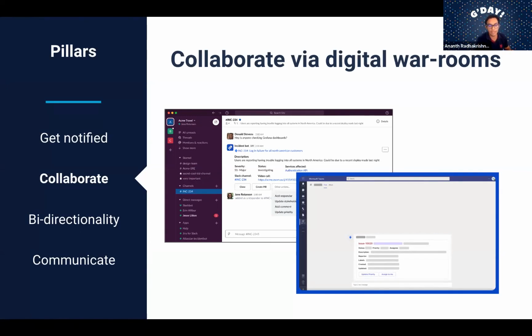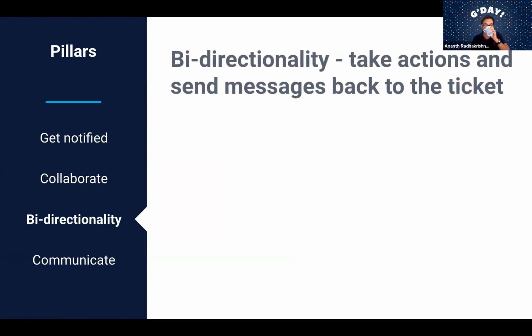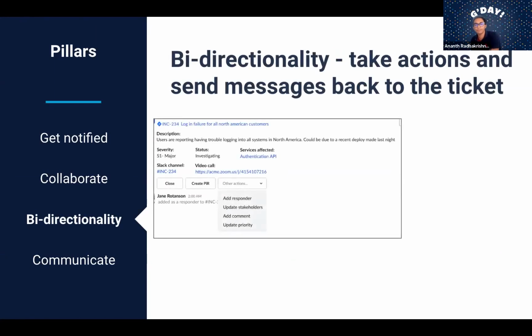Now, in terms of bidirectionality, both within the incident as well as on alerts, we have rich capabilities that allow you to take actions that you would do on the Jira Service Management portal itself, all from the convenience of your Slack channel, whether it's adding additional responders, updating stakeholders, updating the priority, or even spinning off a PIR ticket from the incident.